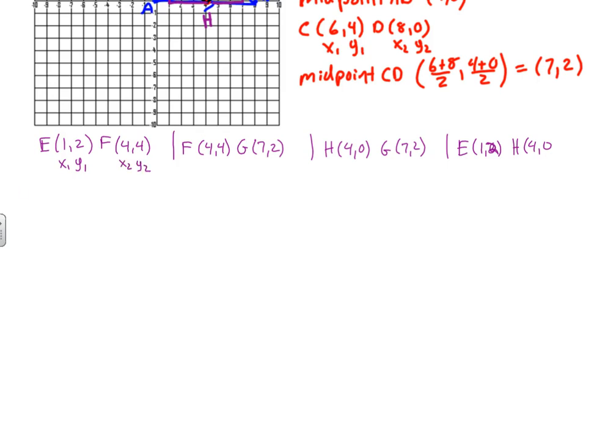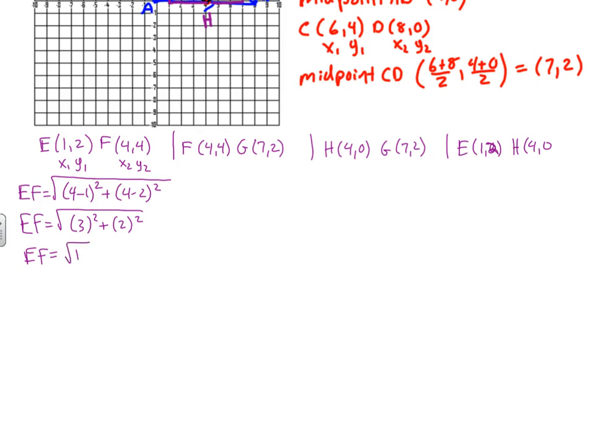The distance of EF, remember, is the square root of x2 minus x1, the change in x squared, plus y2 minus y1, the change in y squared. So what do we have here? We have 3 squared and 2 squared, so 9 and 4, which is the square root of 13.